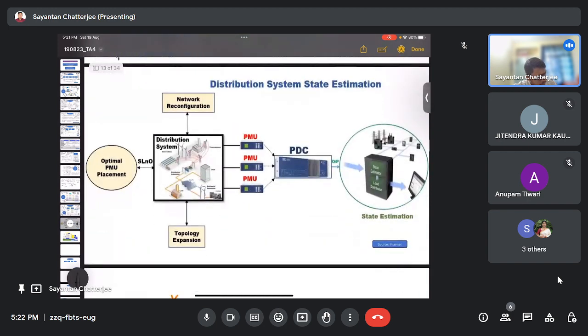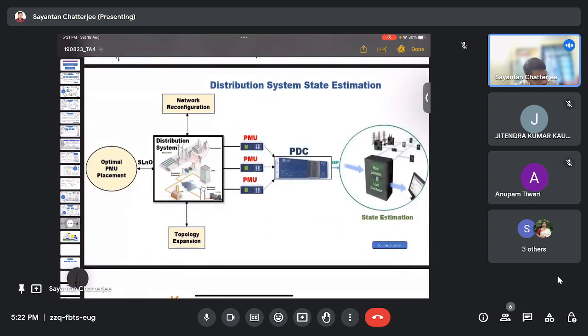So coming to the distribution system state estimation objective, where the PMUs are a part of the wide area monitoring system. I have already told you about the present day renewable energy penetration.